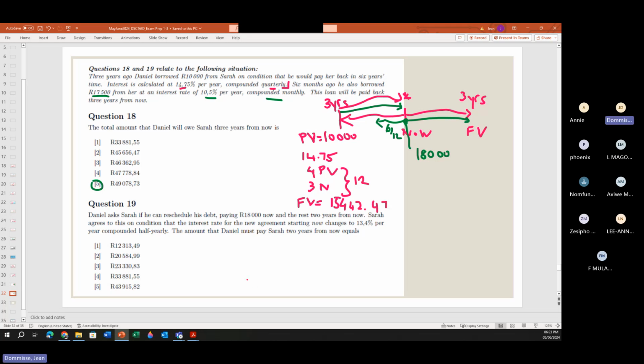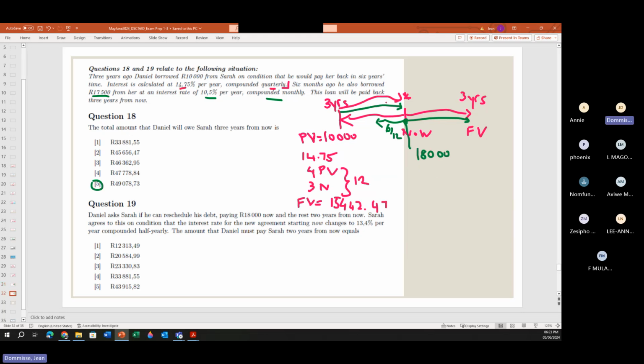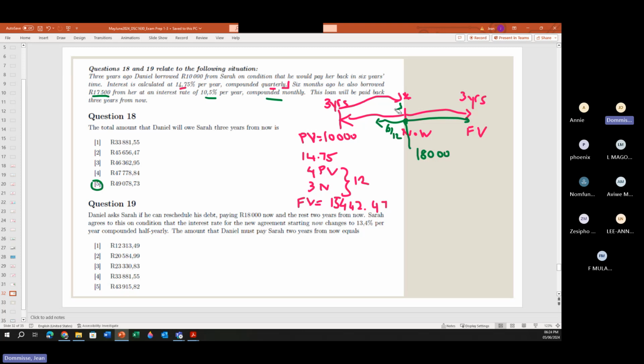Where in question 18 we worked out the 10,000 for the whole 6 year period, we now only worked it out for the 3 year period, because we want to find out what everything is valued at the moment.